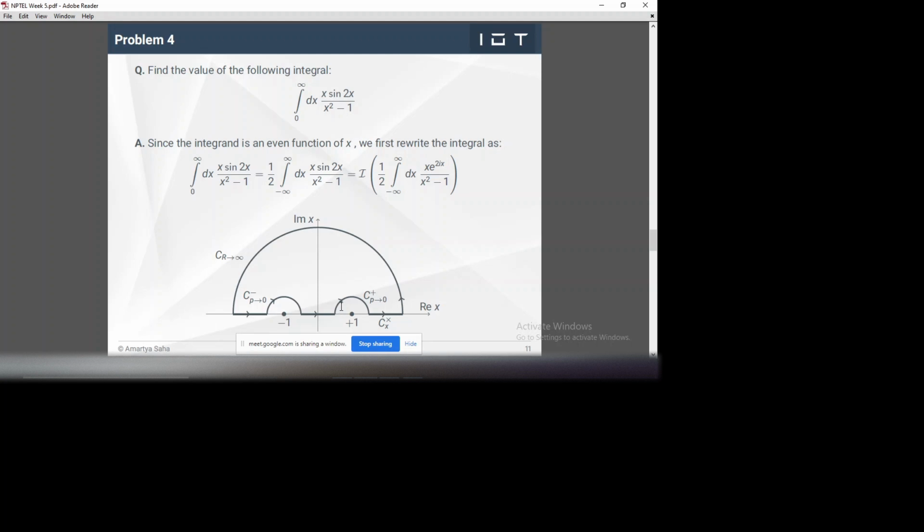That is why we choose the contour like this one: again a semicircle centered around plus 1, and this semicircle takes us from the left of plus 1 to the right of plus 1. This is the semicircle that I have denoted as C plus. Then after going to the right of plus 1, we have no problems, no points of singularity on the real line.